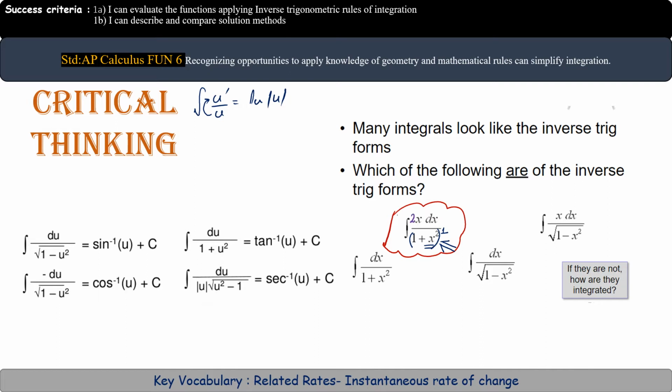So multiply and divide with the 2. Now it is perfectly written in the form of u prime over u. So you can write it as 1 over 2, because it is written outside the integral sign, ln of the denominator, that is 1 plus x square, plus c.